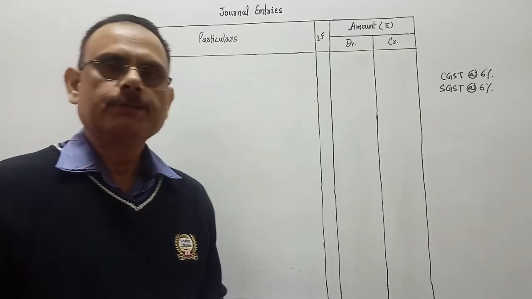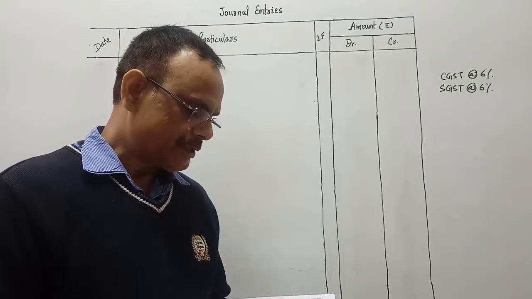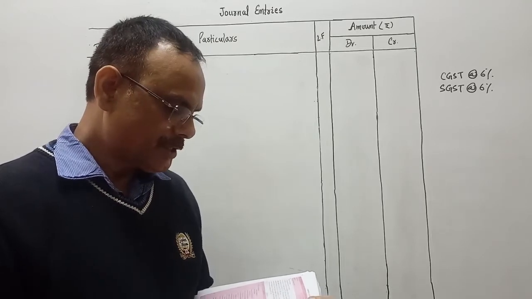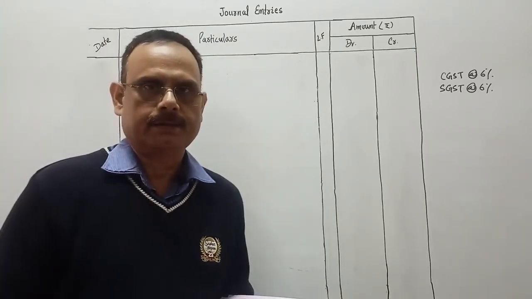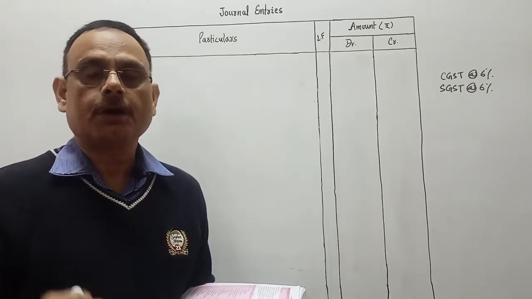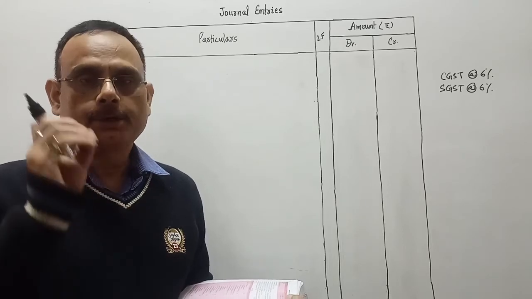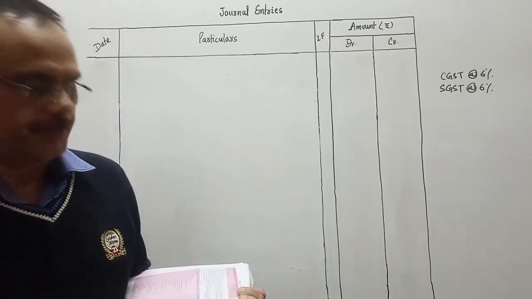Okay, coming to the next adjustment, number 5: commission accrued but not received during the accounting year. This is called accrued commission, commission earned but not received.